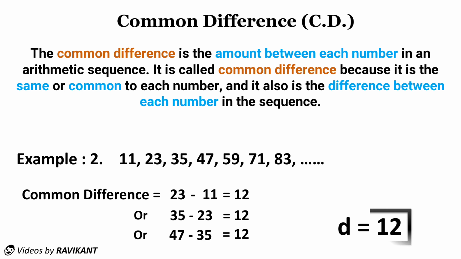So we get 12 as the common difference, which means the series is an arithmetic progression with common difference 12. Finally, we can easily calculate the common difference by subtracting the preceding term from the next term, and that's how we can also check whether the given series is an arithmetic progression or not.